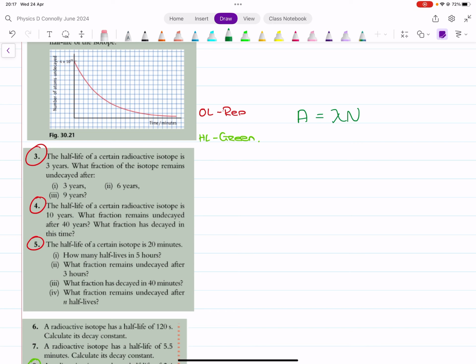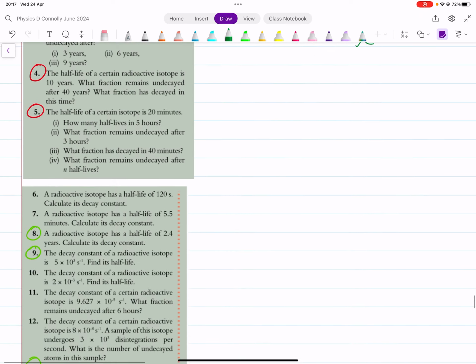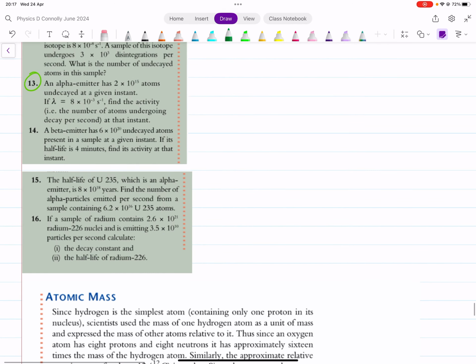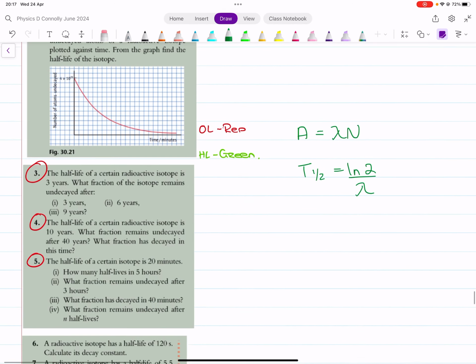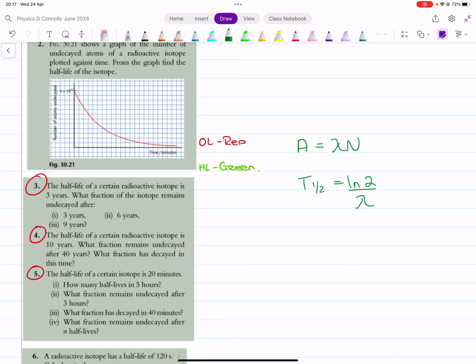The one we just came across, where T a half is ln2 over lambda. And then I'm assuming some of the older formulas as well. Okay, so I've got 3 questions there in red. And then if I scroll down, I've got 3 questions in green. So you can see here, the ordinary level are in red and the higher level are in green. So will you have a go with those, please?